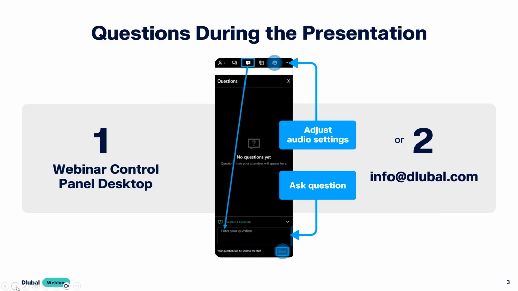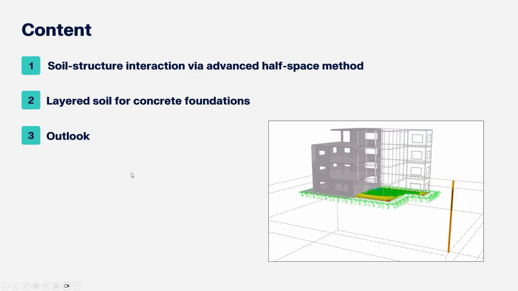We now will go to the first slide, and here we can see the content for today. The main topic for this webinar is soil structure interaction using the advanced half-space method.